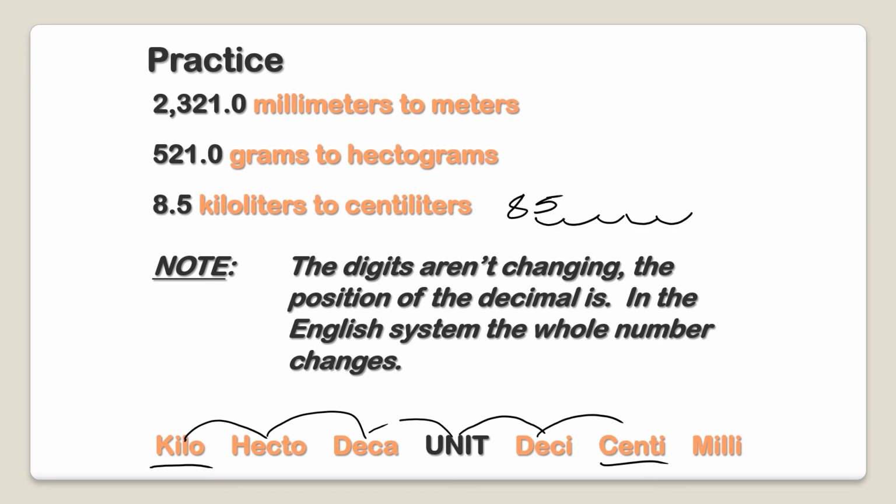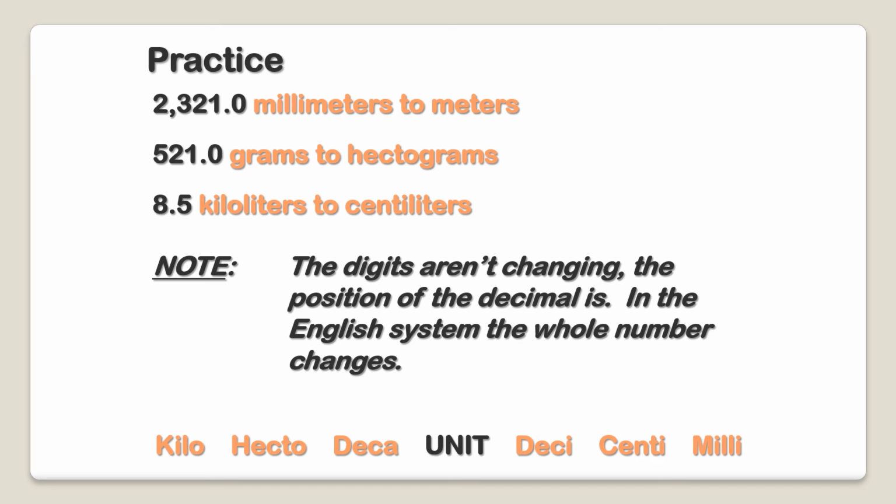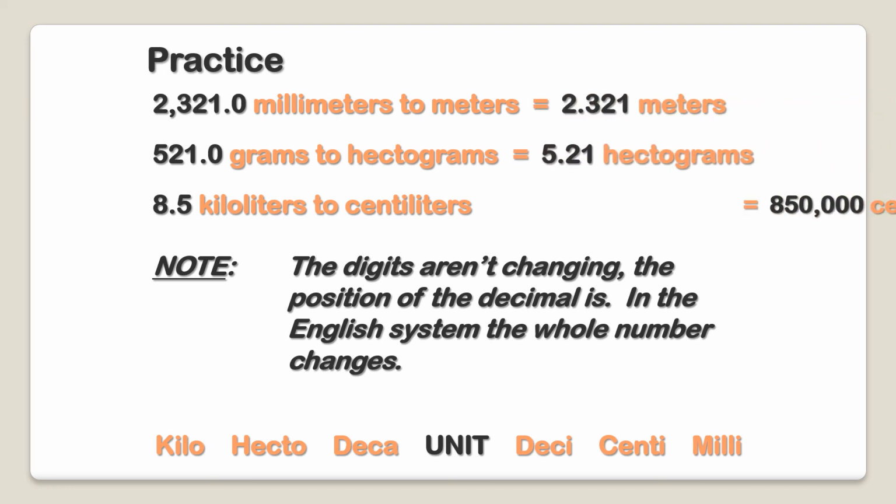My 5 there. 1, 2. 850,000 centiliters. Didn't have to memorize anything. All I had to do was move my decimal. Very easy. So I was correct.